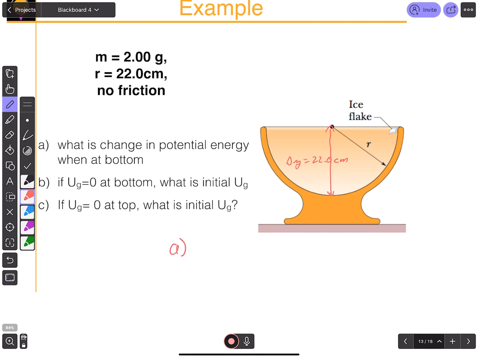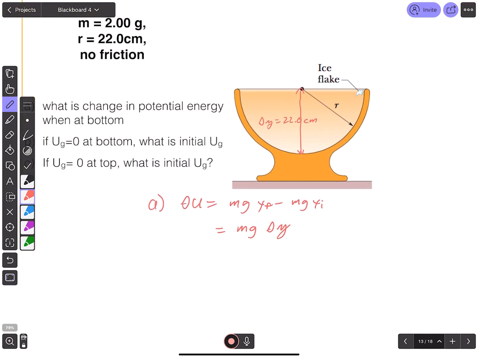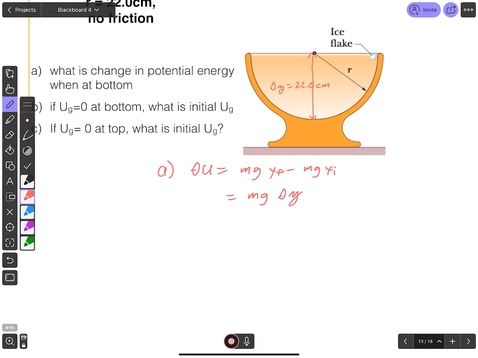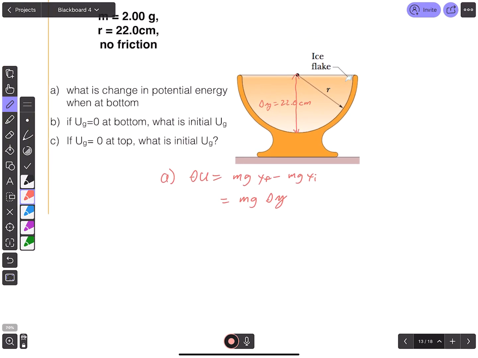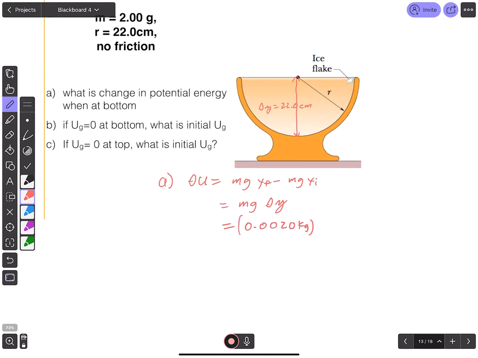So the change in potential energy is going to be mg y final minus mg y initial, or just mg delta y. And delta y in this case is 22 centimeters. So m is 2 grams, so 0.0020 kilograms, right?